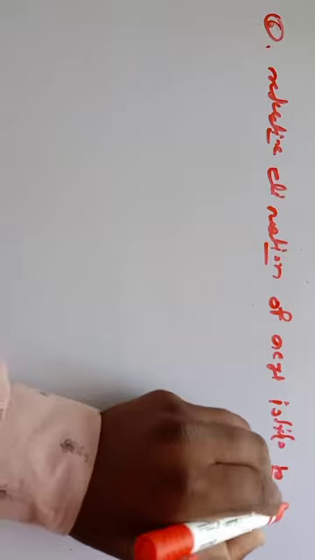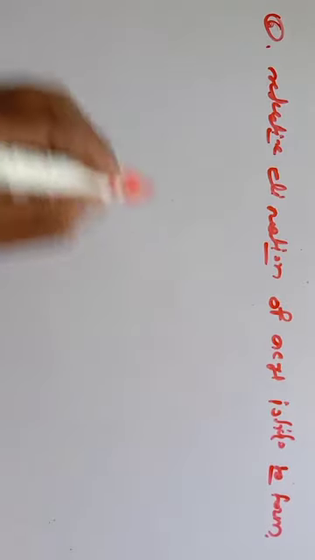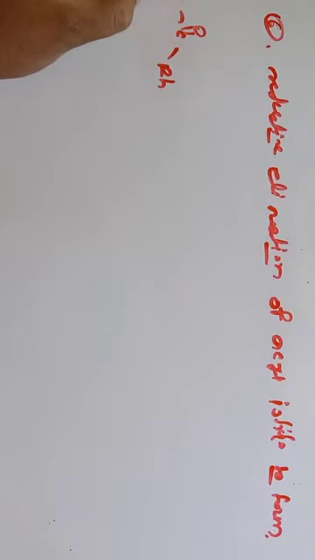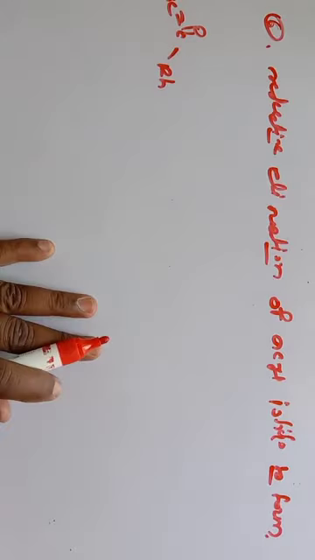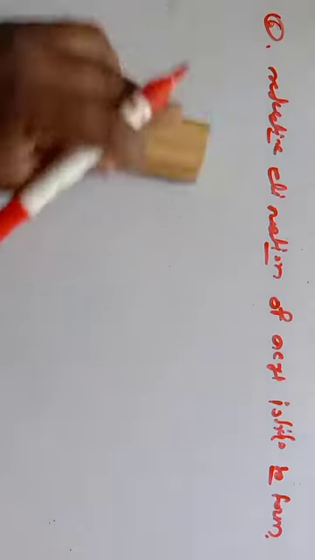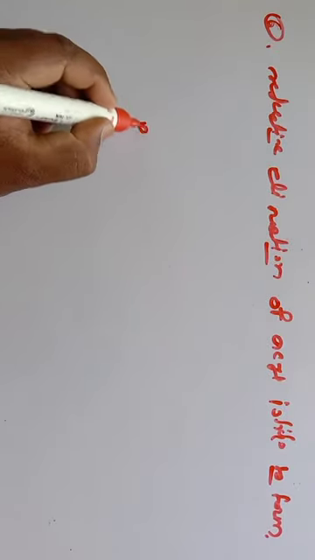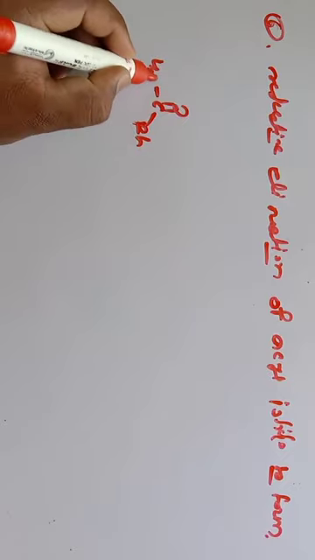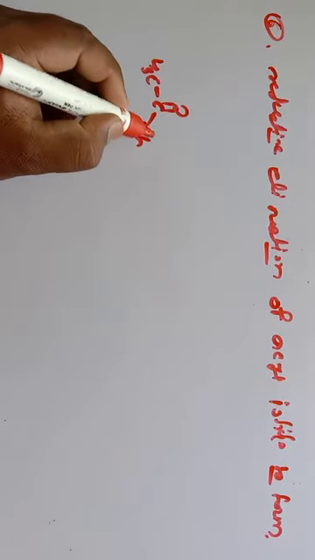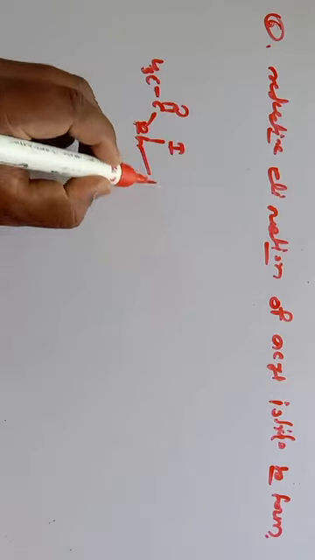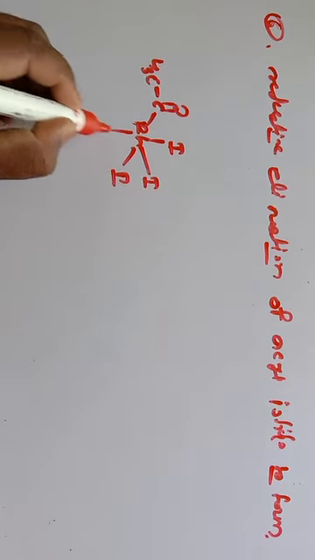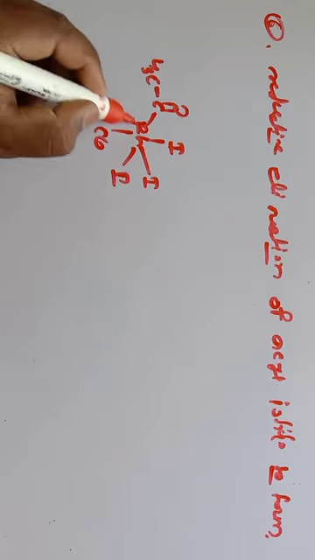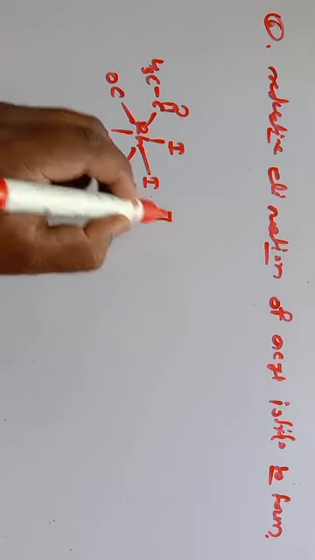So this is your complex: rhodium, C double bond O, CH3, then iodine, iodine, iodine, then carbonyl and carbonyl, and it has a negative charge.